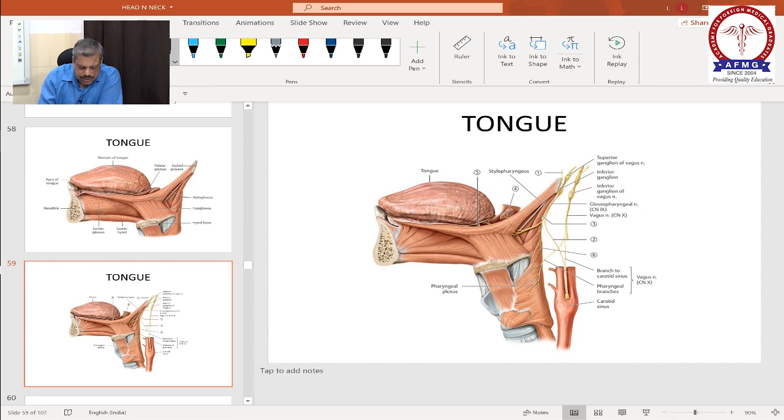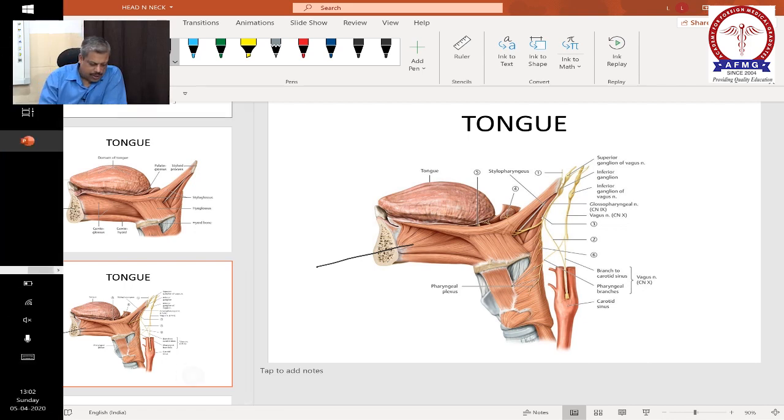This muscle is the styloglossus, because from the styloid process to the tongue, this is the styloglossus. This is hyoglossus. This muscle is genioglossus. This is a question from a recent exam. Identify this muscle. This is genioglossus. The fibers are spreading into the entire tongue. That is why this is a fan-shaped muscle.